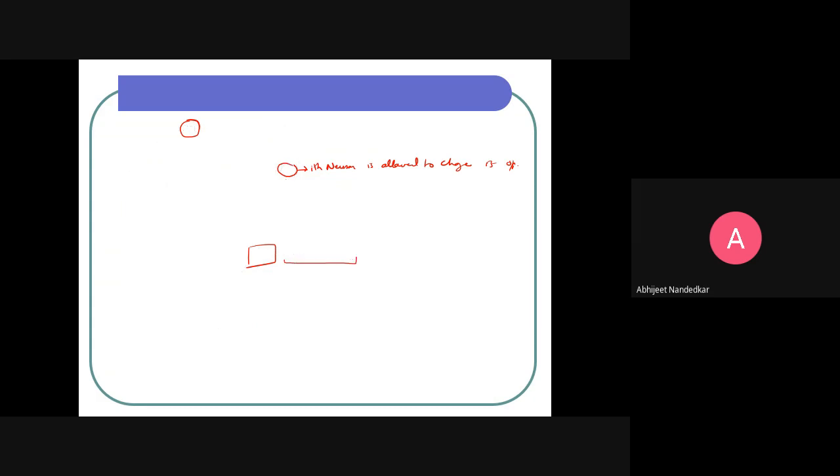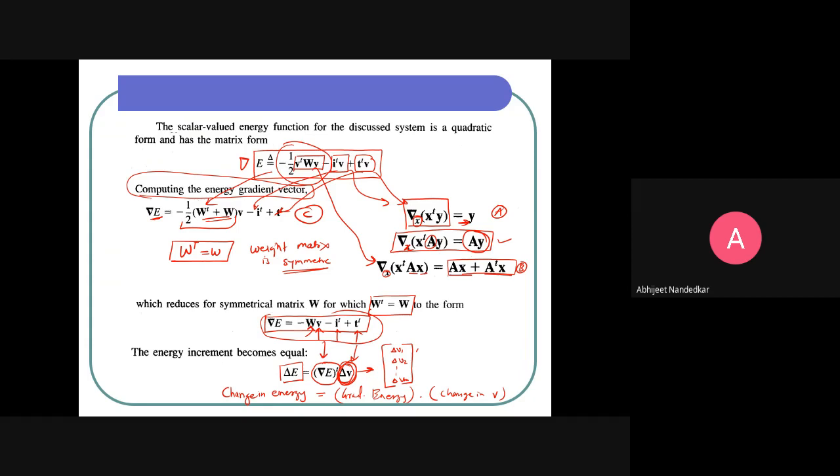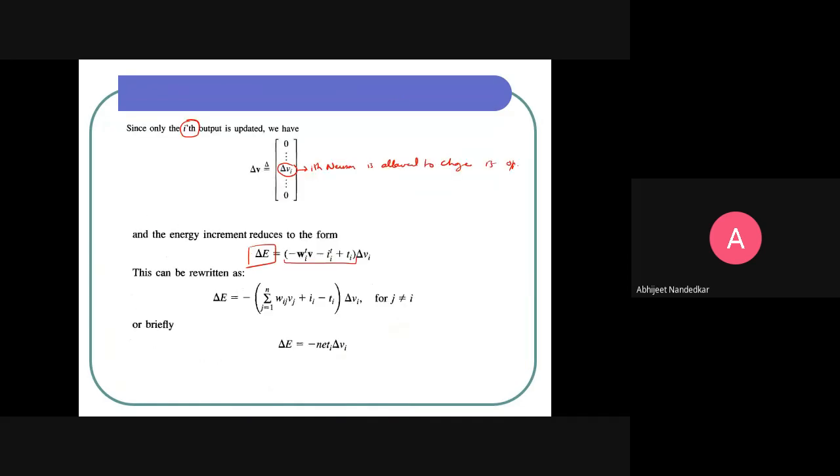So this gradient multiplied by this change in V has turned to this equation, where only ith related terms do exist and others are having the same value, so they are not changing their value, you can throw them. So only one neuron is updated, so this is the case.